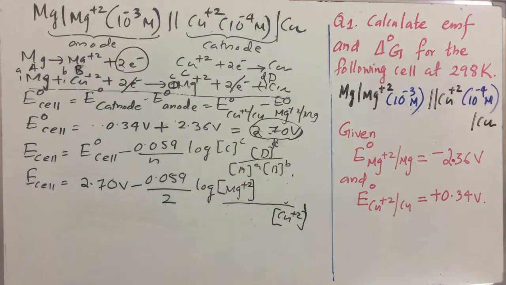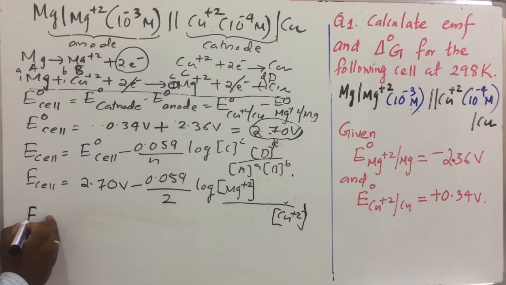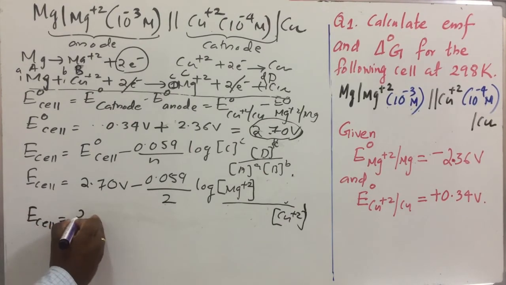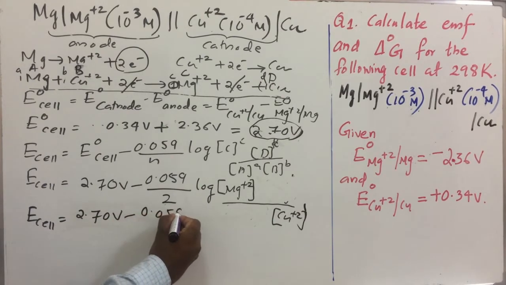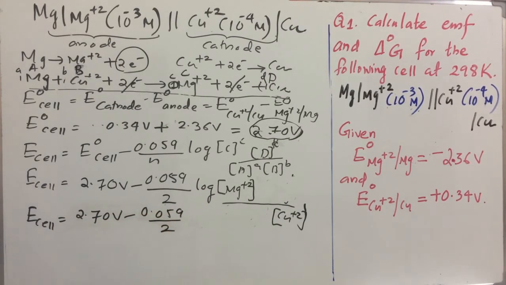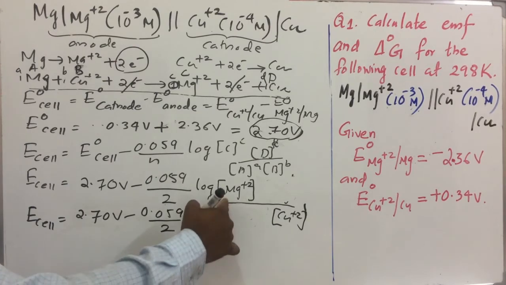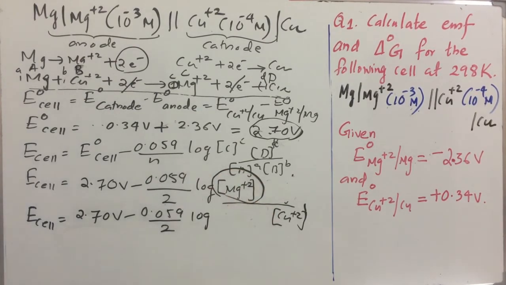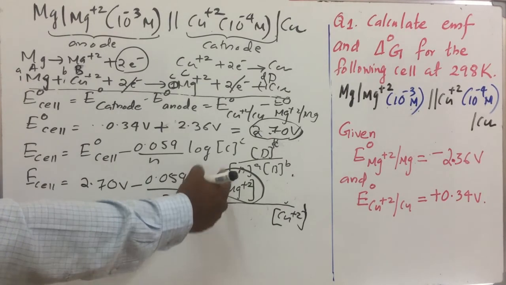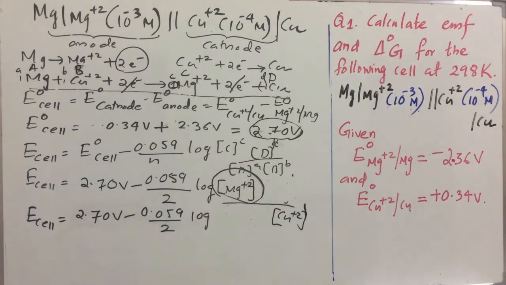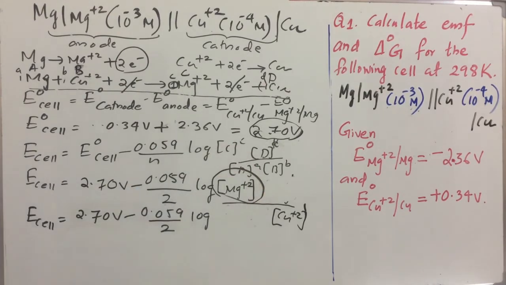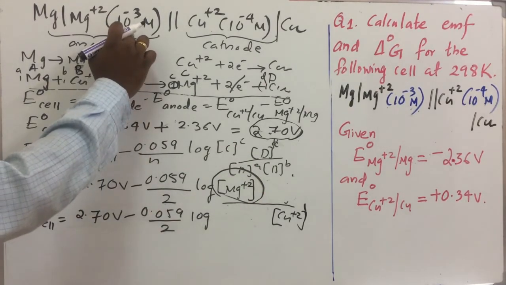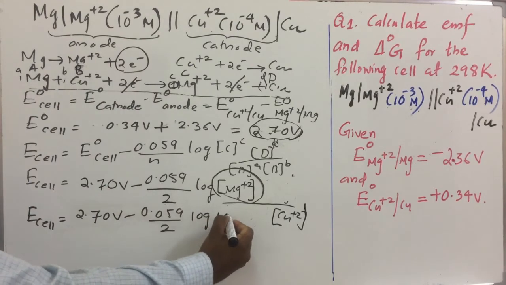Then E cell is equal to 2.70 volt minus 0.059 by 2 log of the concentration of Mg+2, the magnesium electrolyte solution, meaning MgSO4, with concentration 10 raised to minus 3 molar.